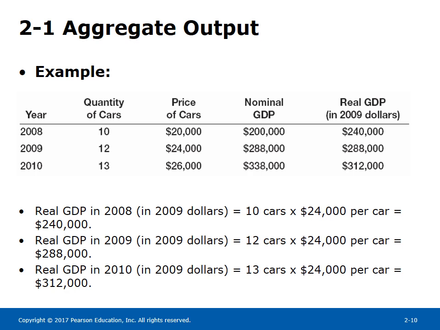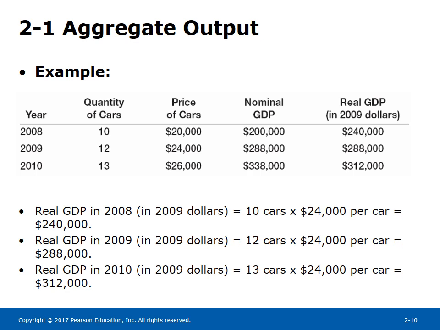Nominal GDP for 2010 in 2010 dollars equals 13 cars times $26,000 per car equals $338,000. Real GDP in 2008 in 2009 dollars equals 10 cars times $24,000 per car equals $240,000.